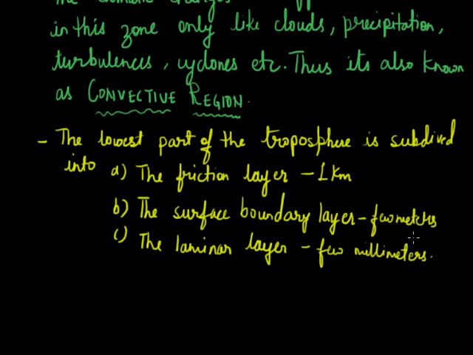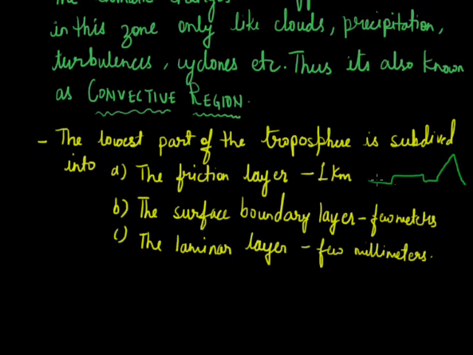They are more or less stationary layers, but the friction layer, on the other hand, provides changes and effects on the winds, because it is closest to the surface.